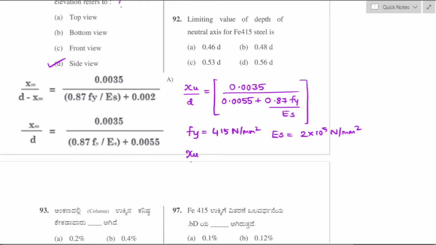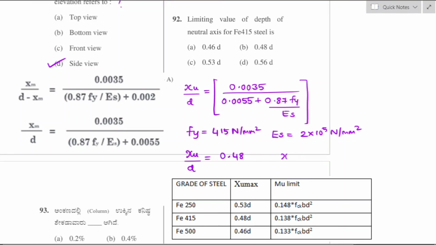So the ratio of limiting depth of neutral axis divided by depth is equal to 0.48. So limiting depth of neutral axis is equal to 0.48 times the depth of the beam. So option B is the right answer.